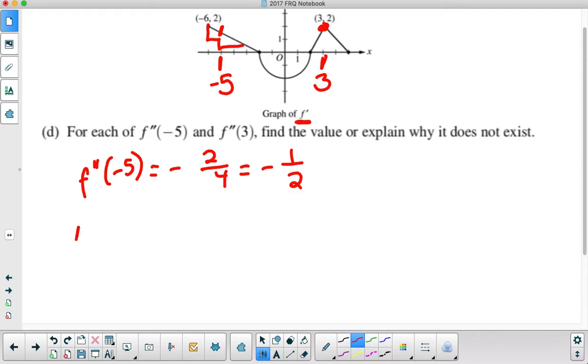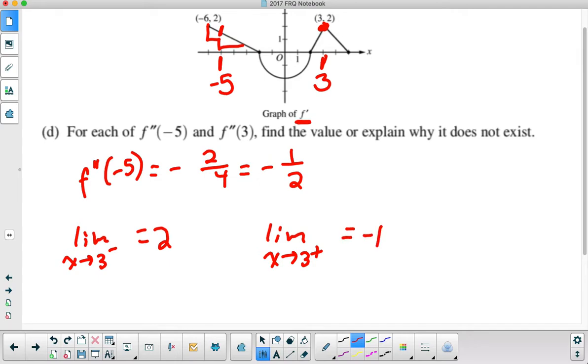So if I say the limit as x approaches 3 from the left-hand side, well, if I look at that, that has a slope of 2. And then we look at the right-hand side. As x approaches 3 from the right-hand side, this is going to be a negative 1.